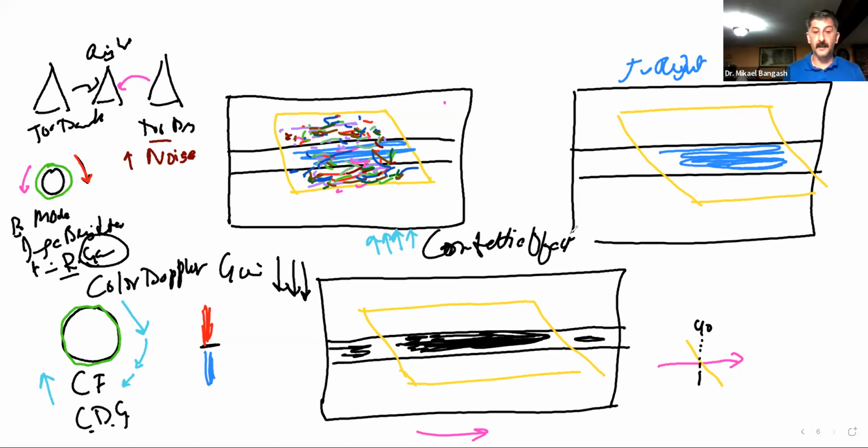Increasing the Doppler gain to at least show some color is good, but then too much good becomes bad. Here is where we increase the Doppler gain too much.